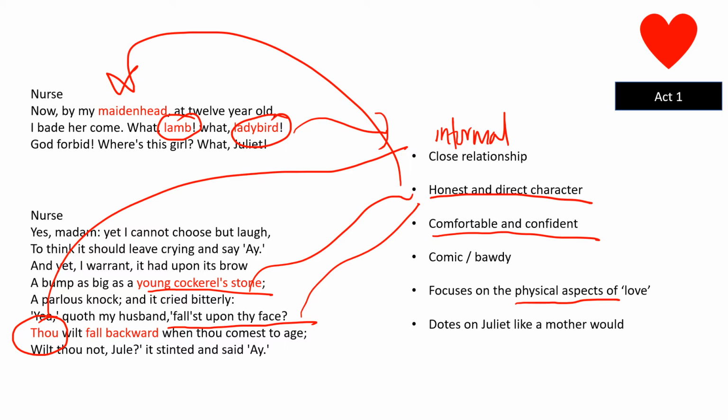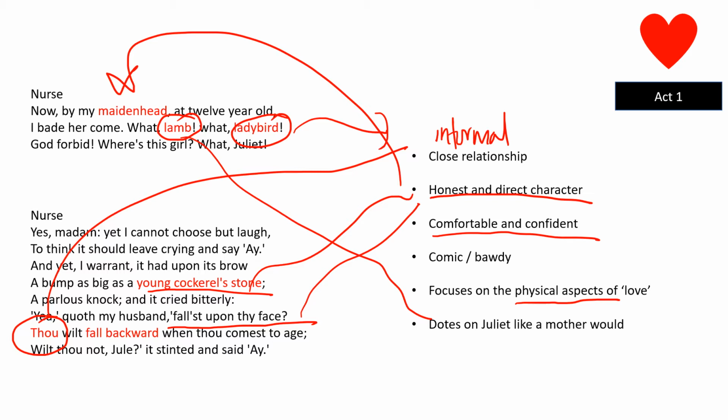Now, another thing we can say about this is also the way that the nurse dotes on Juliet like a mother would, and this is reflected in the fact that she calls her a lamb. Now, there's a sad story behind the nurse, and Shakespeare adds depth even to the smaller characters in the story. We know that the nurse has lost her daughter, and we also know that she's lost her husband.